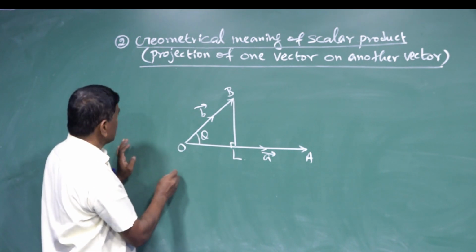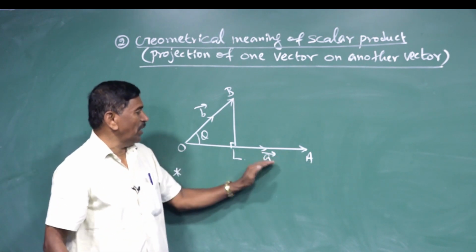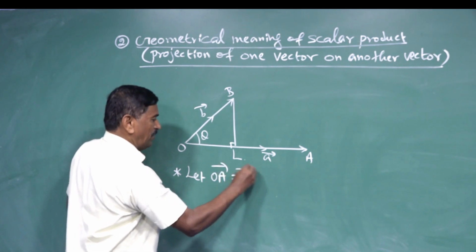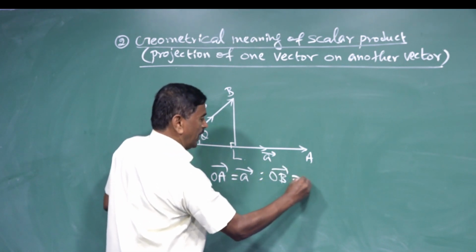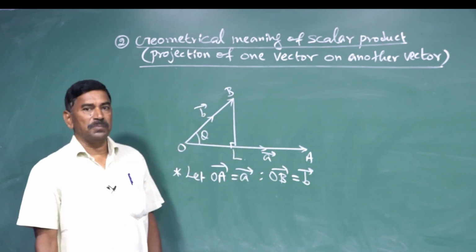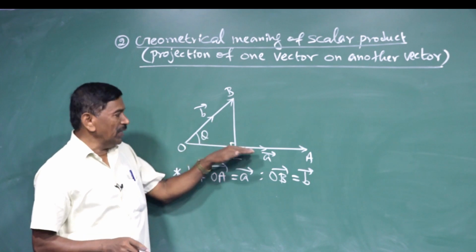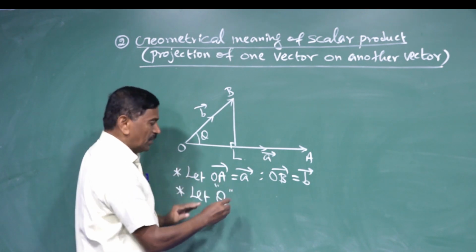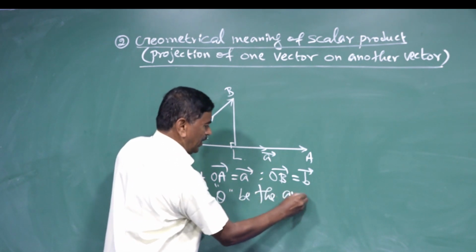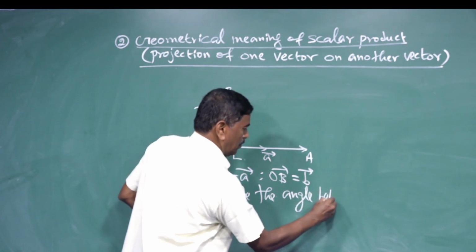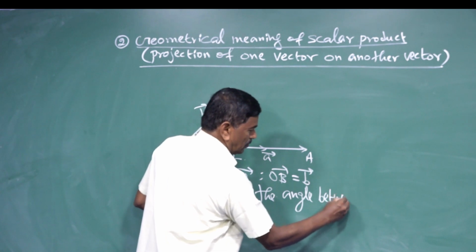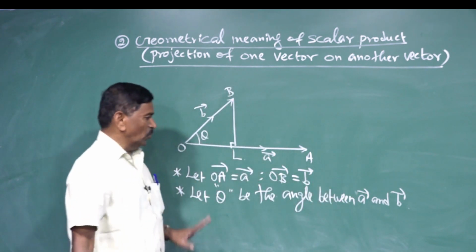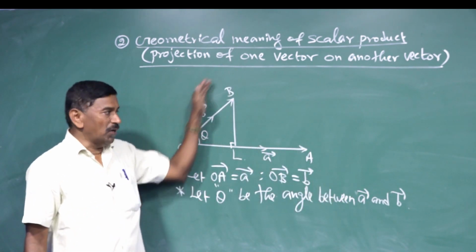Now let us write the theory portion. Listen, the theory portion is very simple. Let OA vector be equal to A vector, OB vector be equal to B vector.